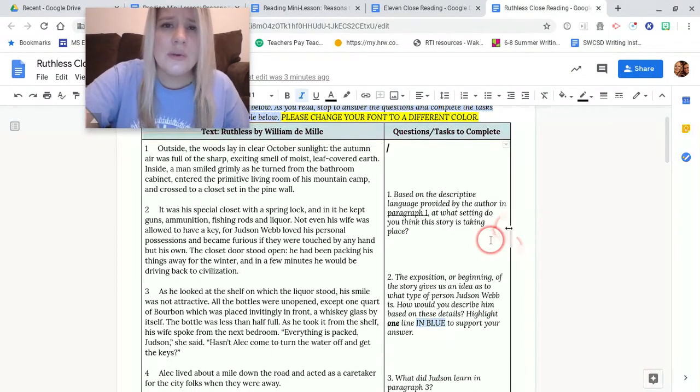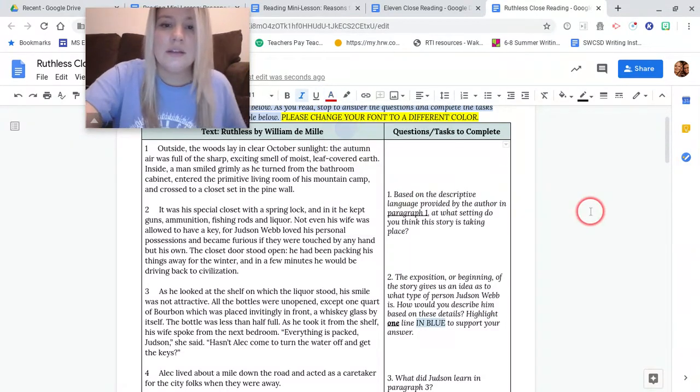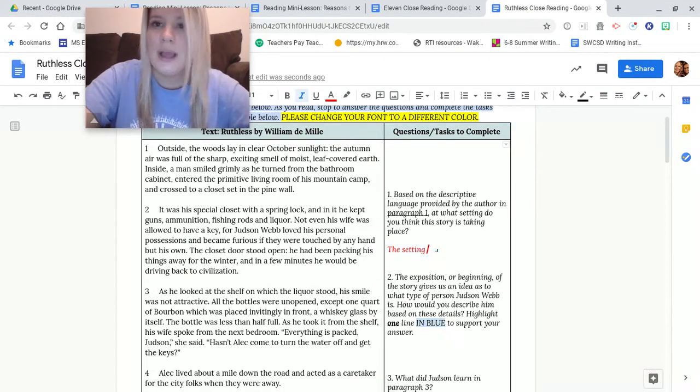And notice the directions ask you to change your font to a different color when answering. So as I'm reading, I'm going to stop, I'm going to answer the question, and I'm going to change my font color to type my answer. Okay, and so that will be question 1.